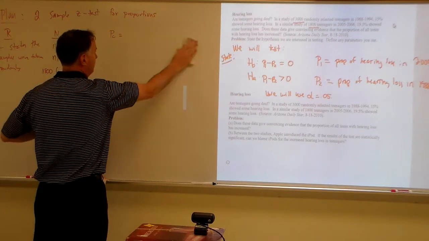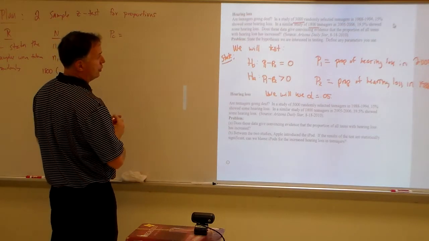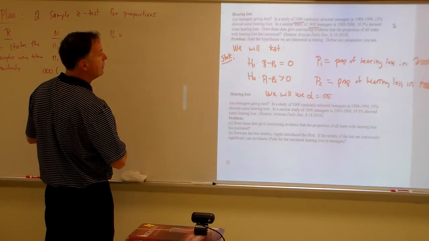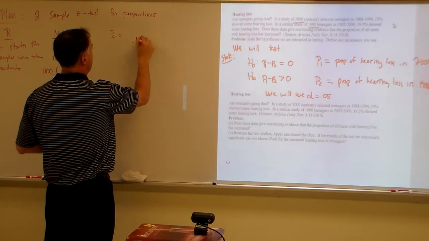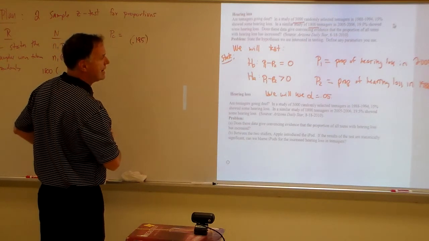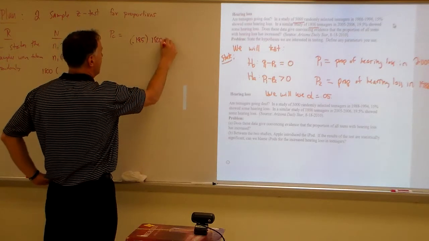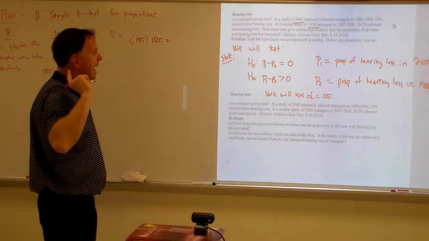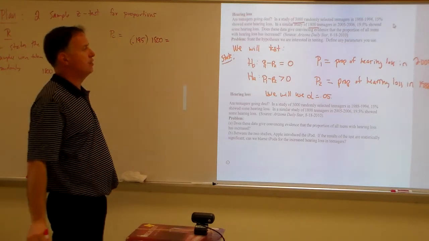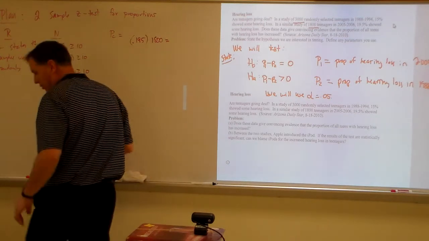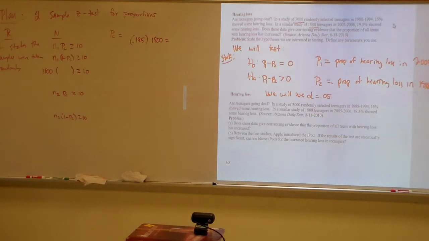We have to take the first one, which is 0.195, and multiply that times my 1800. And that will tell me how many people had hearing loss from 2005 to 2006. So when I do that, let's do that.